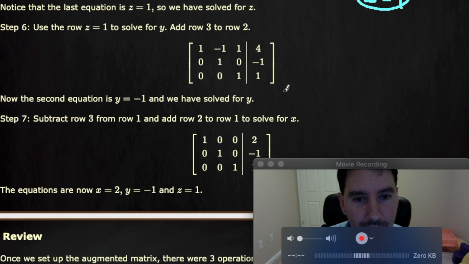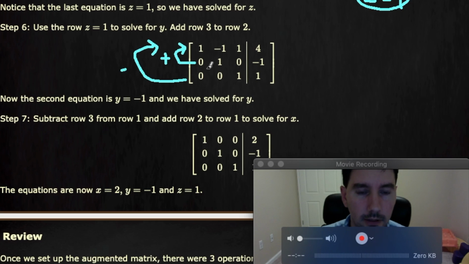And so finally we can add this row to that row. So we'll just add this, and then we'll subtract this row from this row. So what we'll have is 1 plus 0 minus 0 is still 1. We'll have minus 1 plus 1 minus 0 is 0. We'll have 1 plus 0 minus 1 is 0. And 4 plus negative 1 minus 1 is 2.